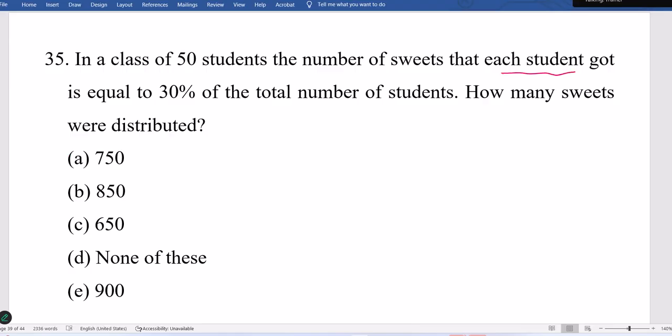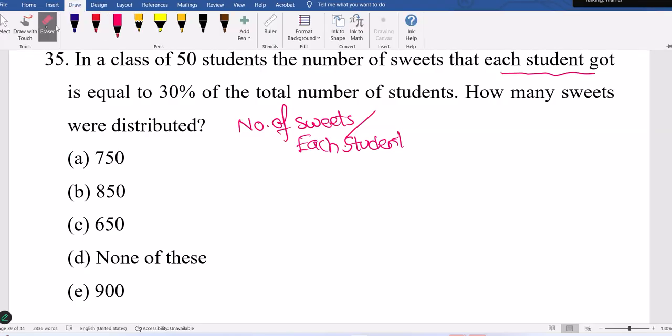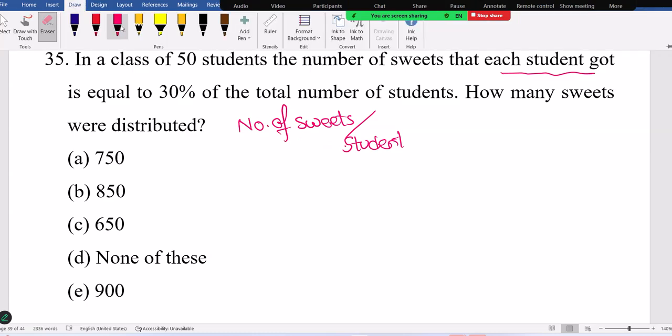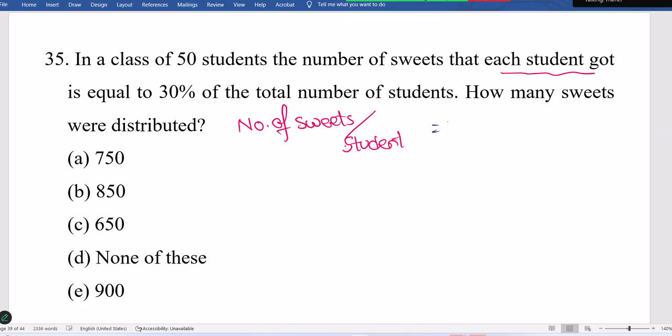Number of sweets per student is nothing but 30% of total number of students. Means 30% of 50, which is 15.